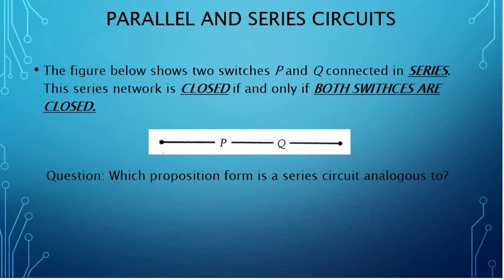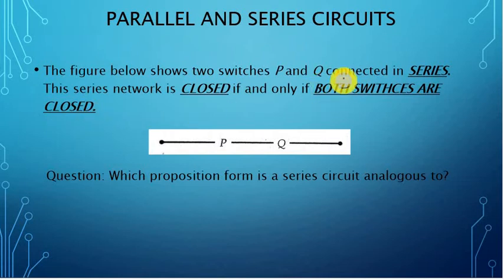Now, let's take a look into parallel and series circuits. The figure below shows two switches, P and Q, connected in series. So we have here our two terminals, and we have switch P and switch Q. According to this one, the series network is closed if both switches are closed.